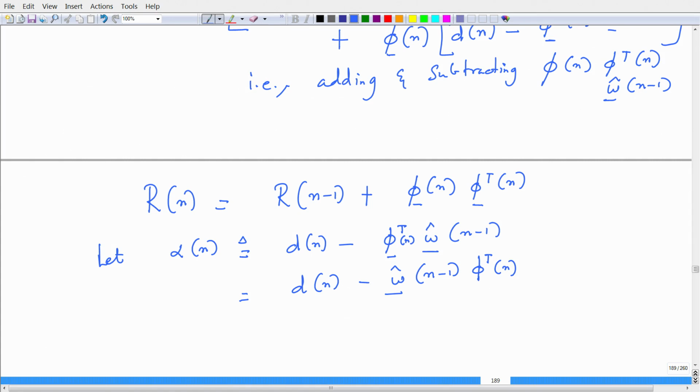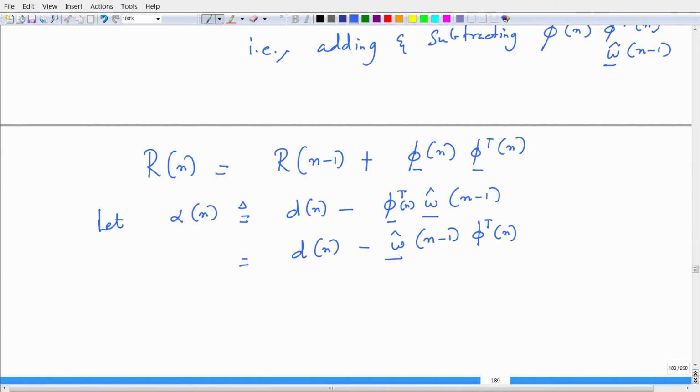Now, this term alpha n is referred to as innovation.